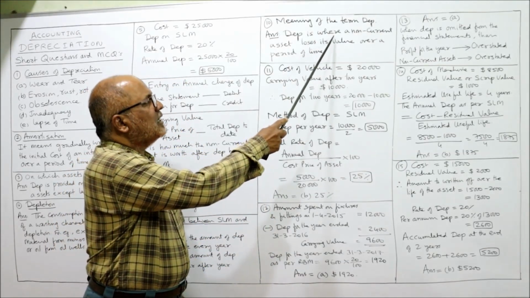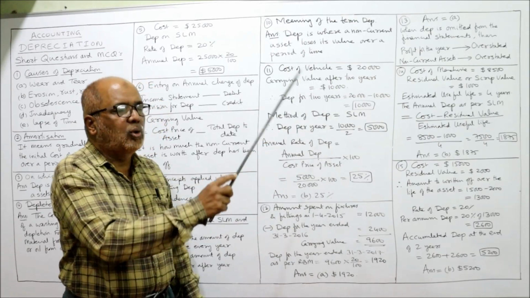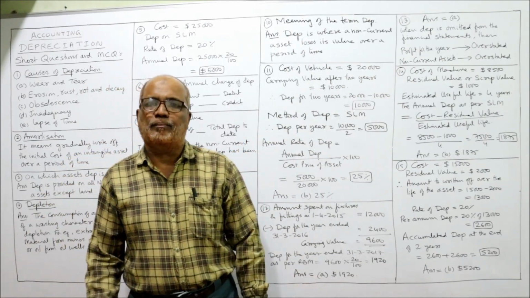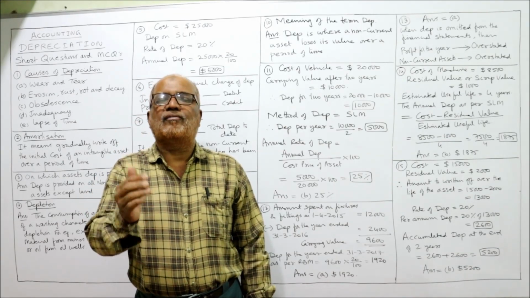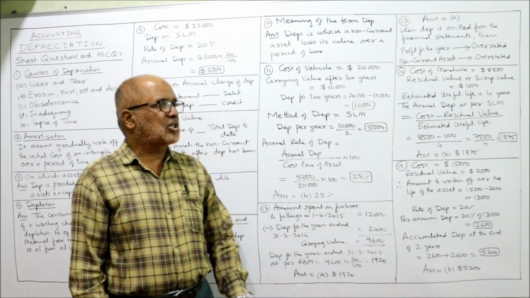When the non-current asset loses its value over a period of time, that is called depreciation.